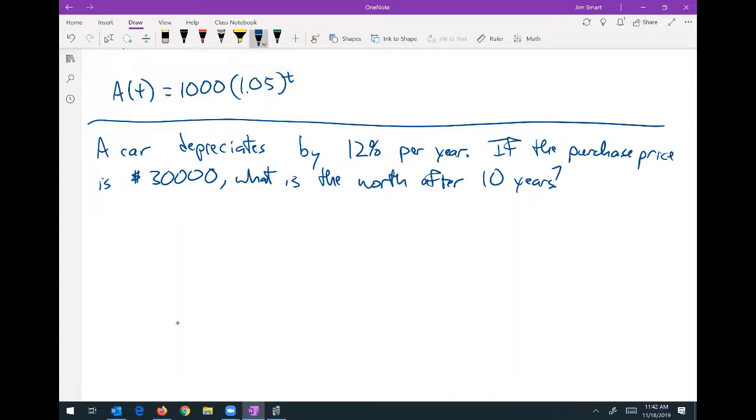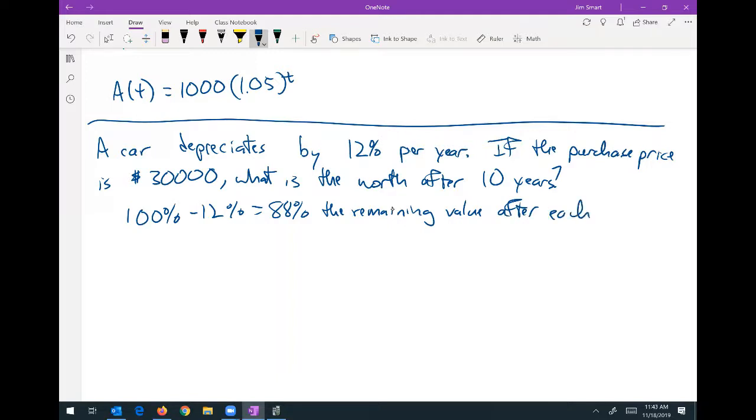All right, so let's see here. What I need to do is 100% minus the 12% depreciation, and that's 88%. So that means 88% is the remaining value at the end of each year, 88% of the previous year's value. So then my multiplier is 0.88, converted to a decimal.